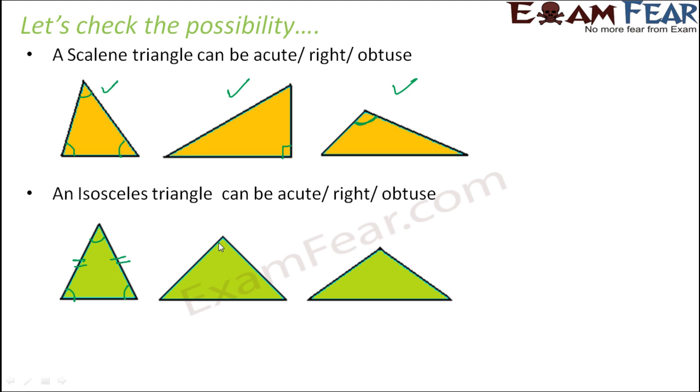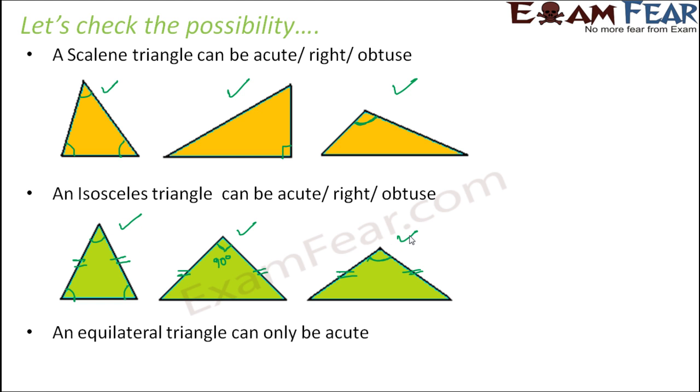It could also be possible that one angle is 90 degrees and two sides are equal in length. So this is an isosceles triangle which is right angled. It is also possible that one angle is greater than 90 degrees, that is one angle is obtuse and two sides are equal. So this is an obtuse angled isosceles triangle. So in the case of an isosceles triangle also all the three possibilities are possible.